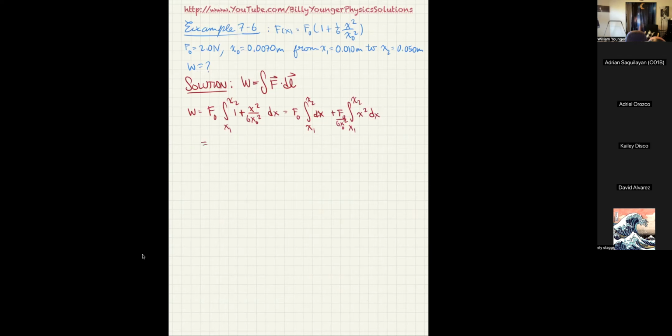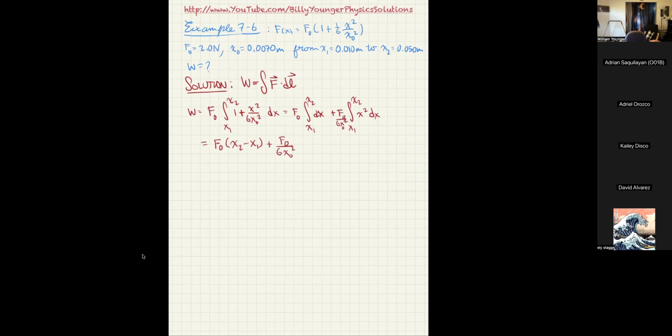dx. Now, the integral of dx is just x, and then we evaluate it at x2 and subtract from that the evaluation of it at x1. So this is all going to be basically F0 times x2 minus x1. And then the other integral is going to be F0 over 6x0 squared.